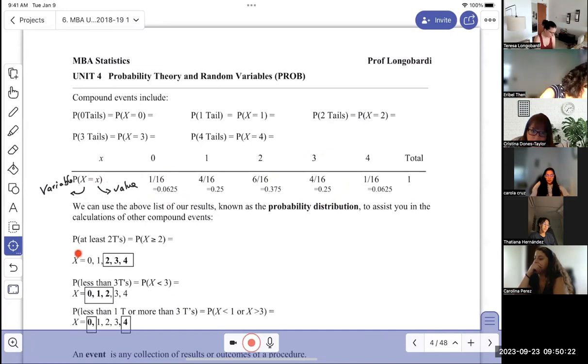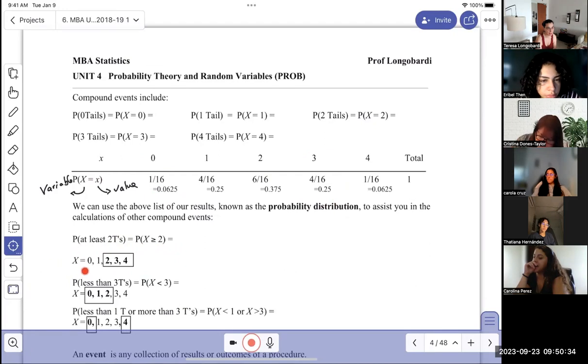What about at least 2 tails? That's how I would say it in words. How would I write it in symbols? Because it's discrete, I can list all the possible outcomes for X: 0, 1, 2, 3, 4. And at least 2 tails means, like I told you last week, when you have trouble understanding numbers, think about it in dollars.